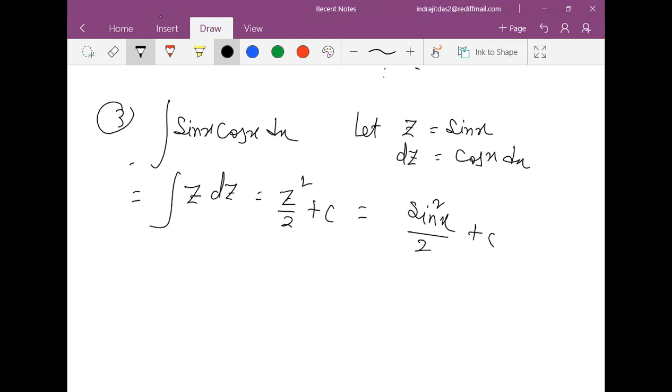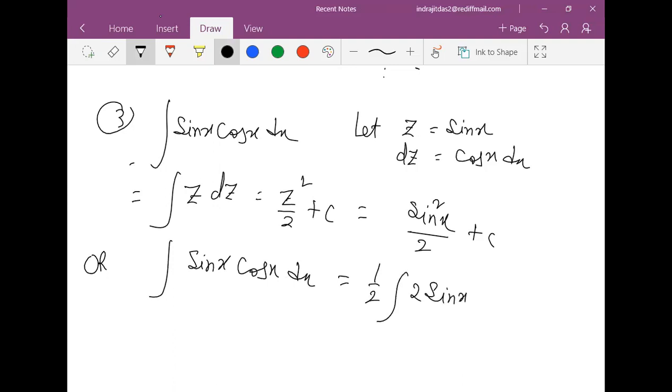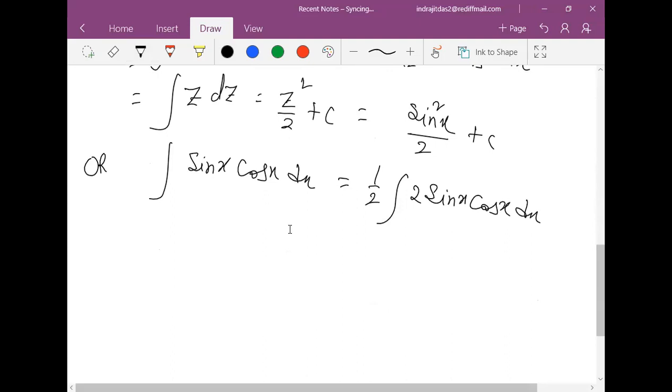Now the question is, if I change the technique, if I change it in a different way, whether the answer will be the same. Now look, if I put a half here, then it will be 2 sin x cos x. In trigonometric solution of integration, you need trigonometric knowledge.